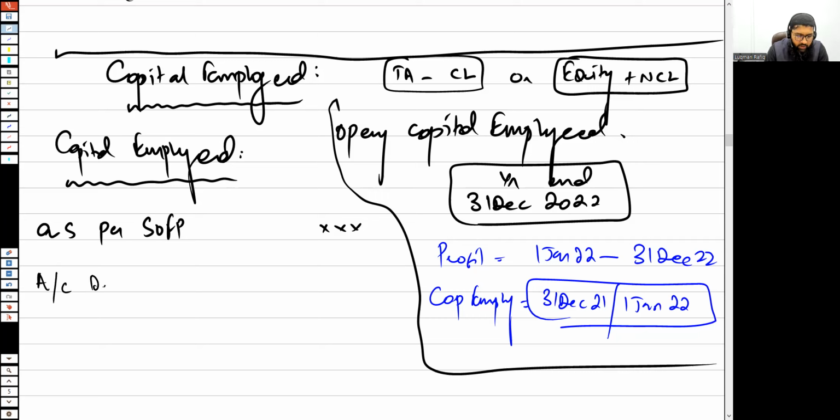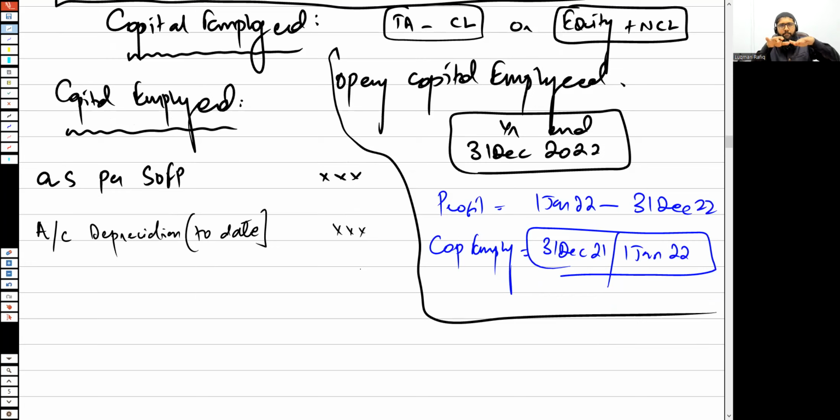You add up the accounting depreciation to date, since the start of the company till now. Why? Because we are going to synchronize it with the profit and with the capital.